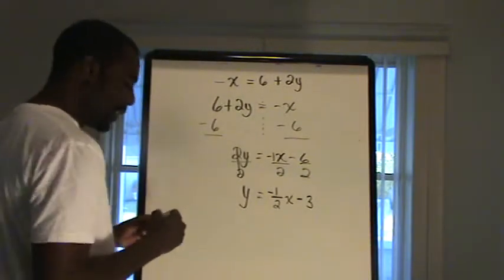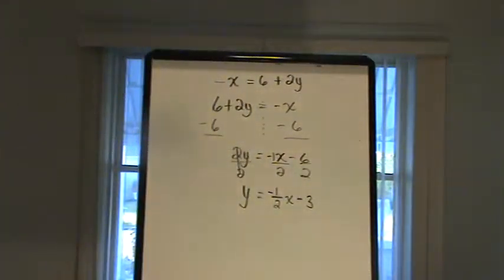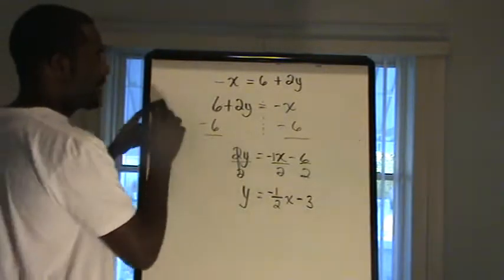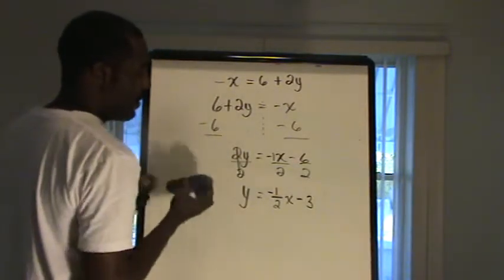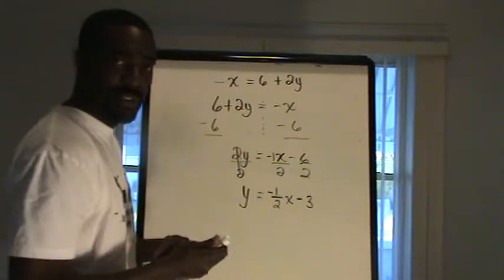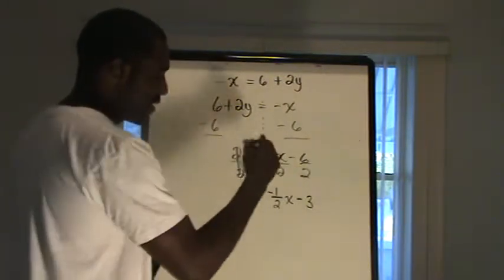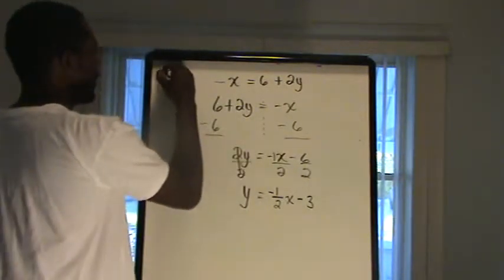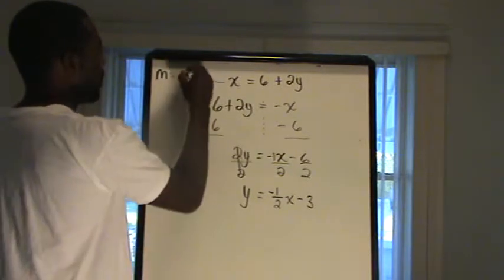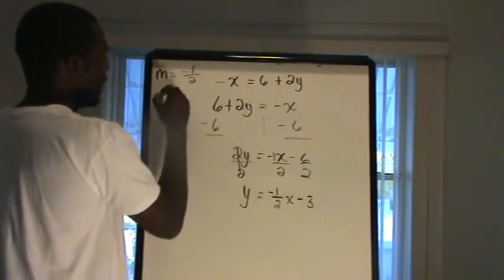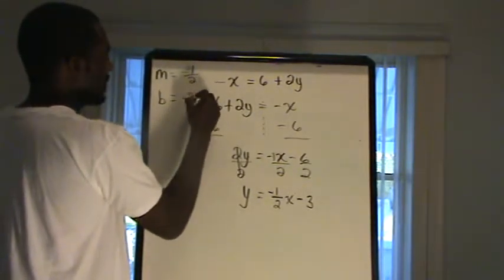So we clearly see for this example that my slope is negative 1/2, and my y-intercept is negative 3. So let's write down those two facts and erase this so that we can graph. Slope is m, that is negative 1 over 2, and my y-intercept is negative 3.